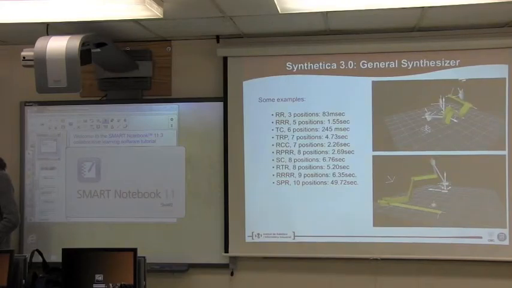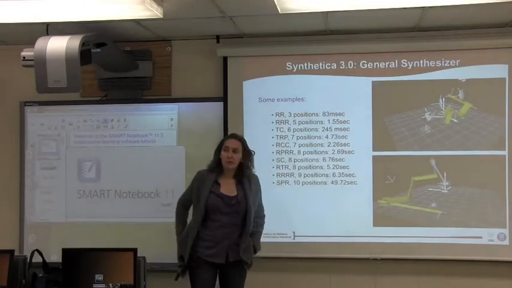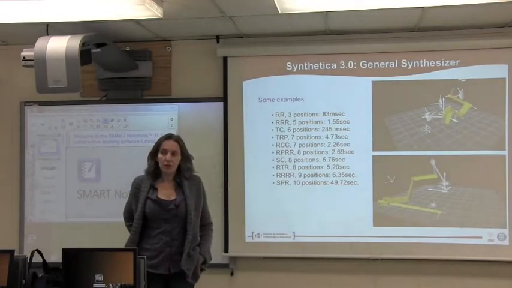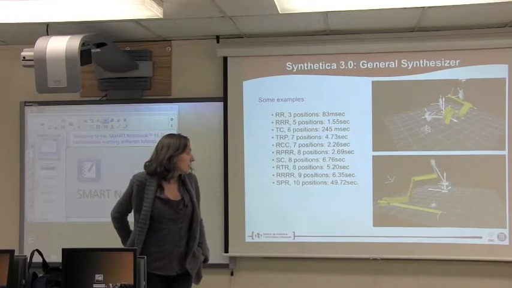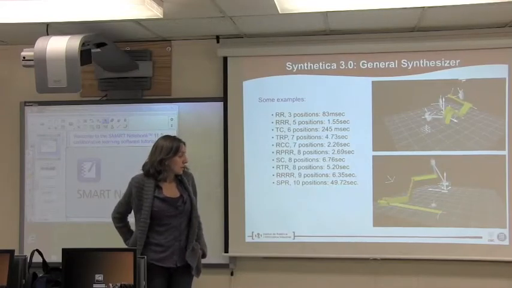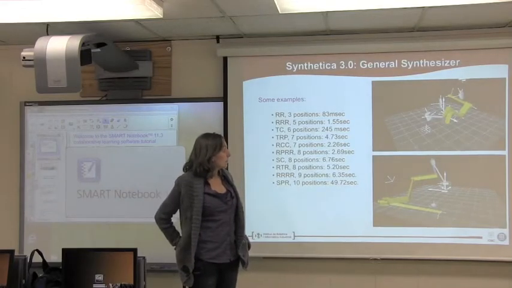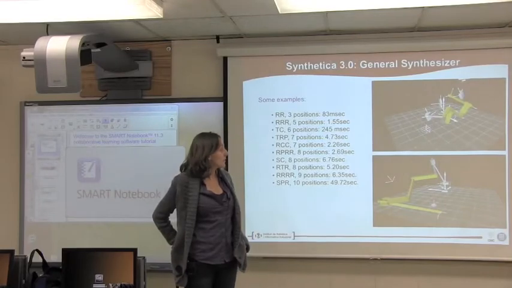But what is the software which you are using? This is called Synthetica, and it's a software that was done at a lab, but hasn't been maintained for many versions. So I think the last one is from 2009 or something like that. I can give you the link to where it is, but I'm not sure it will work in the new computers. You guys can try and see if it works.